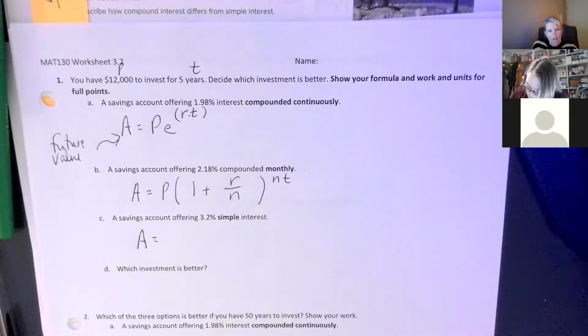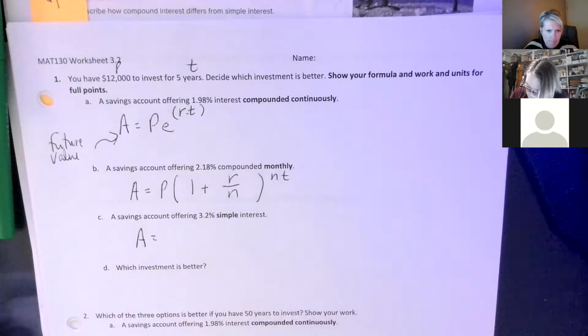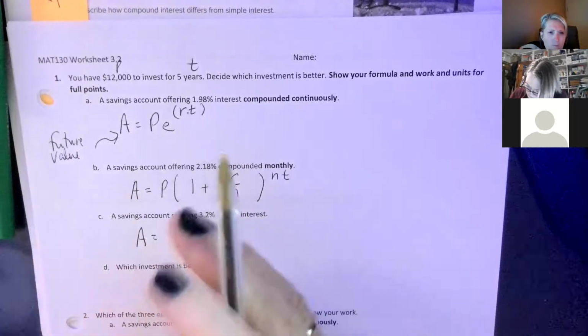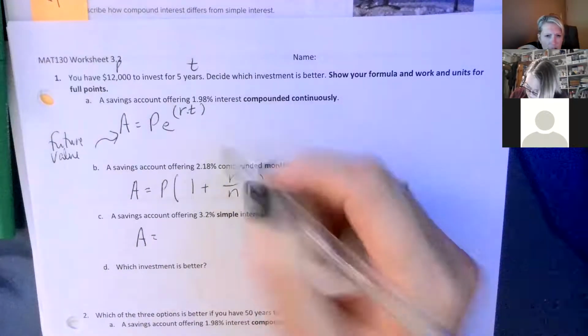Okay, well then, you said we're solving each one for A. For my answer for number one, A equals something. Do I just leave that there and not fill it in for the B, A?